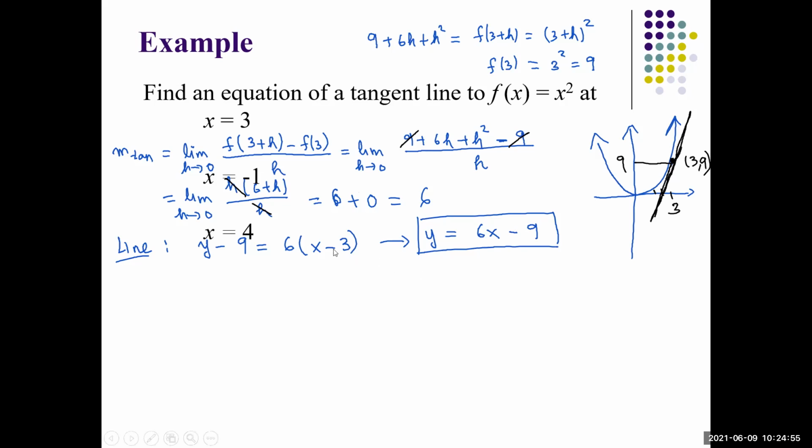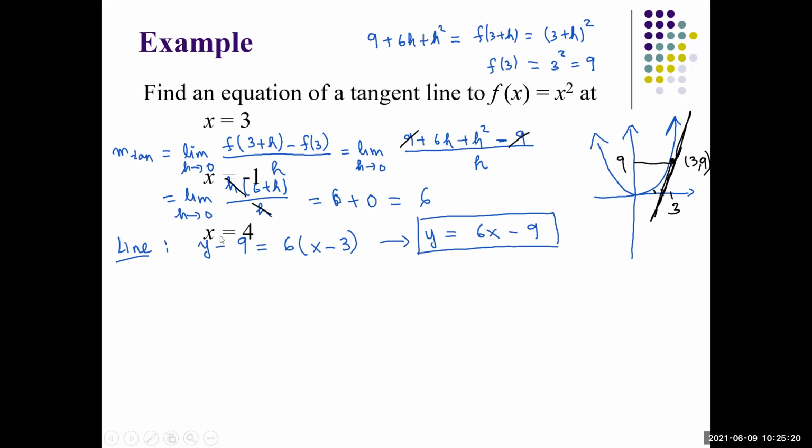Now, if we want to do it with x equal 4, it's the same thing: we're going to find the slope of the tangent line, but not at 3 now. This is at 4. I can see the slope is actually steeper, and so the answer will be a bit different, right? The slope being different.